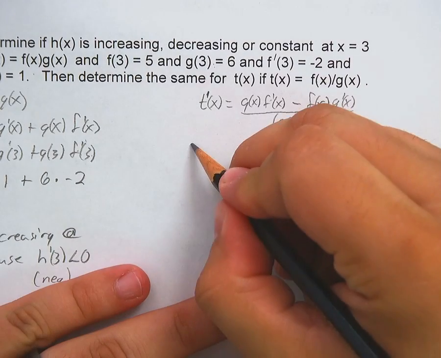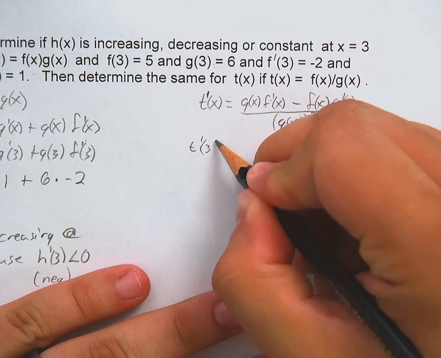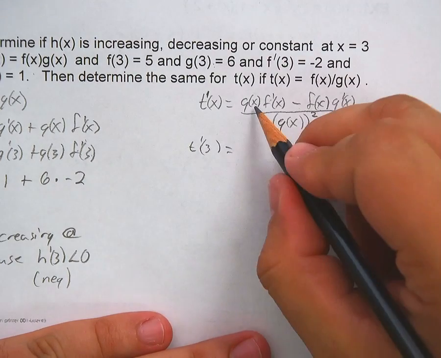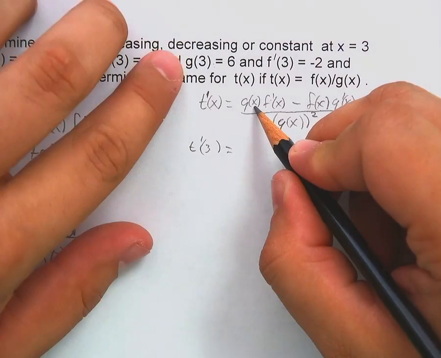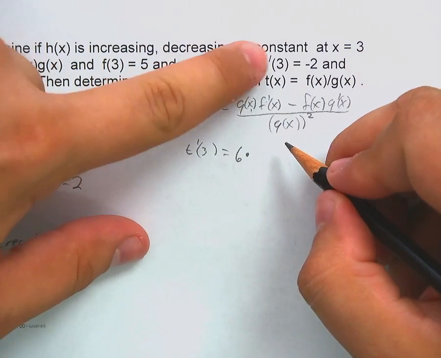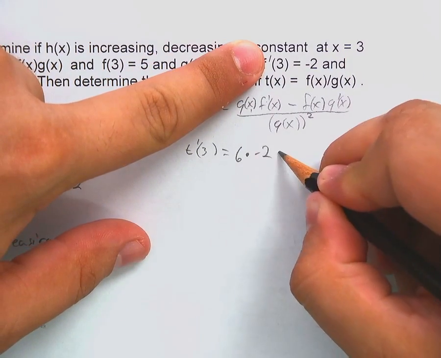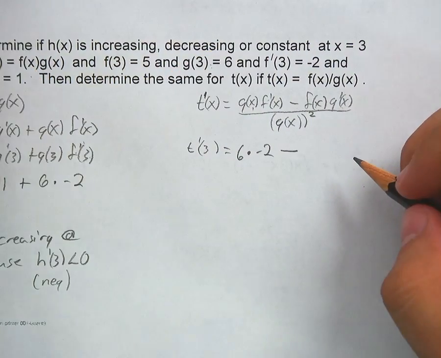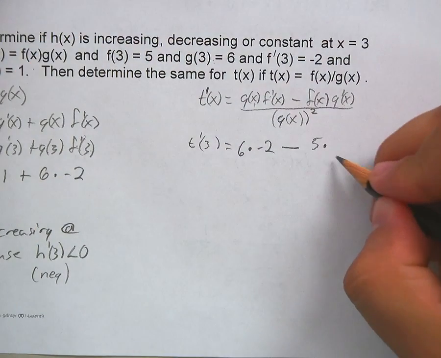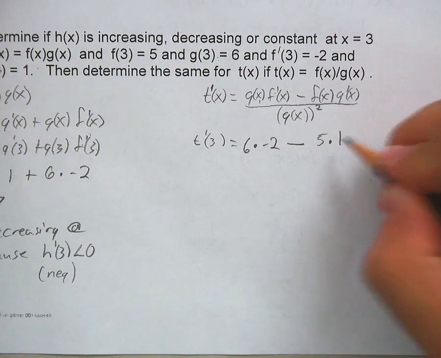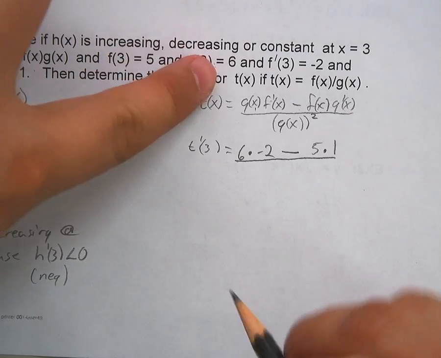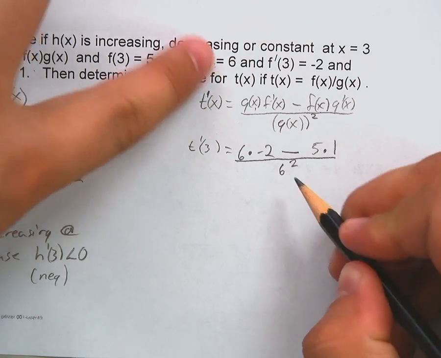Well, let's fill in all that stuff. I want to find t prime of 3. So that's going to be g of 3, which is 6, times f prime of 3, which is negative 2, minus f of 3, which is 5, times g prime of 3, which is 1, over g of 3, which is 6, squared.